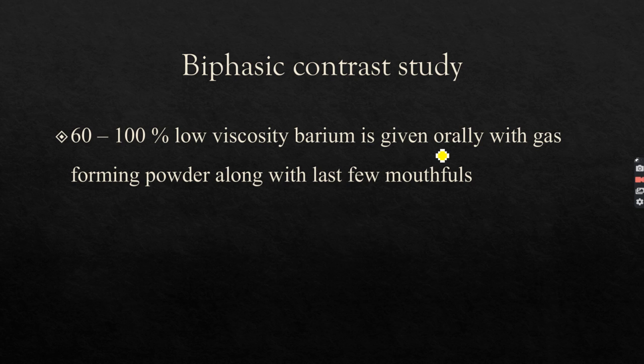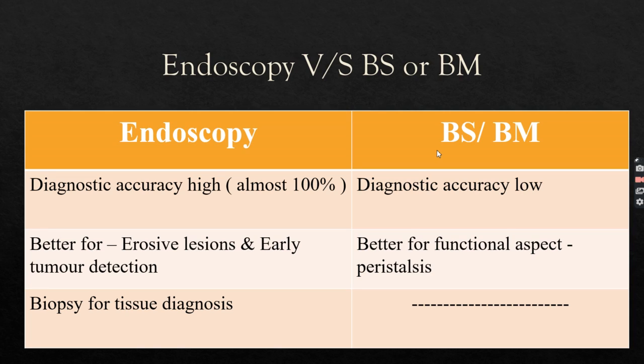These should be given, and this biphasic contrast study is very helpful even for mucosal pattern view as well as any protuberant lesions inside. So this is very important. Just remember, biphasic contrast study means you will have to add effervescent along with the barium, somewhat similar to double contrast.